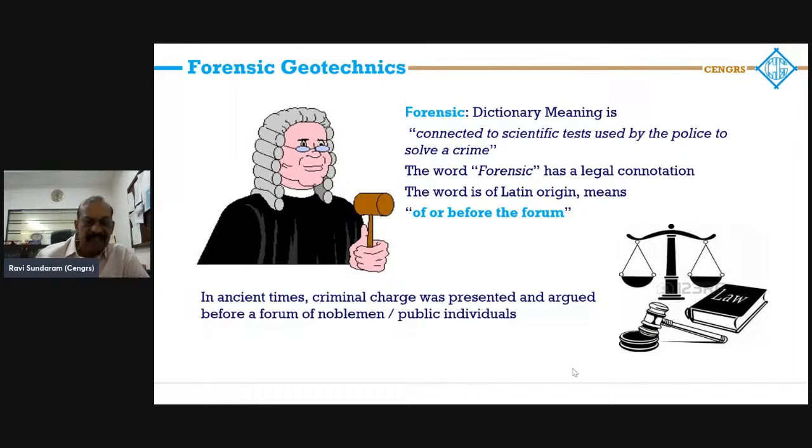The word forensic is of Latin origin, which means on or before the forum. Actually, a forum of noblemen used to be evaluating a criminal charge in the ancient times. And when you are present and argue the issue before the forum of noblemen or public individuals, this is how the word forensic started to be used.